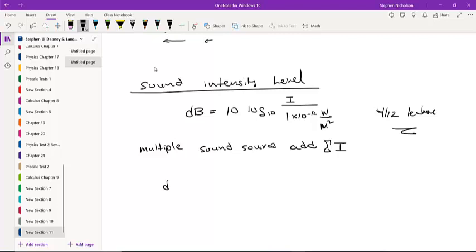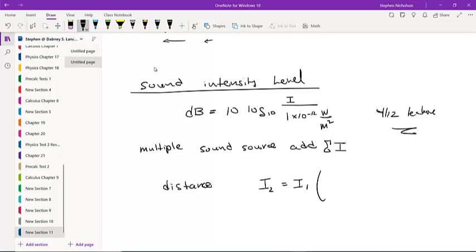And then there was the case of distance, how the distance affects the sound level. And it has to do with the surface area of a sphere. So if you have two distances, distance 1 and distance 2, actually, I should do it the other way around. So let's say you're given I1 and you're going to move to a new distance. You take the sound level at distance 1 and you take the ratio of the distances.